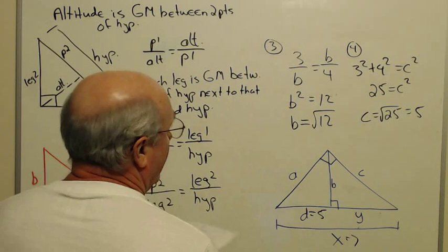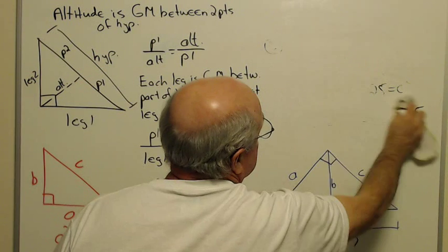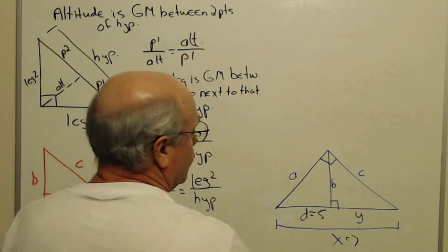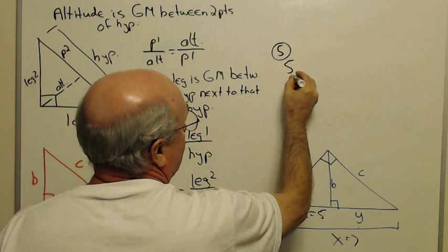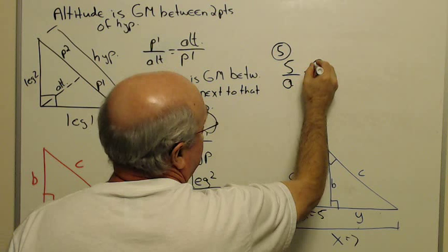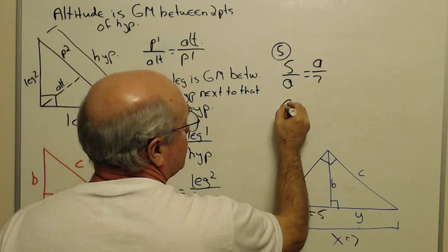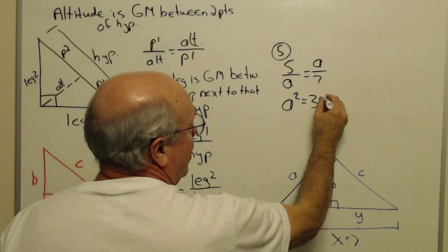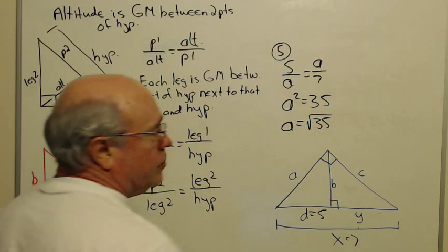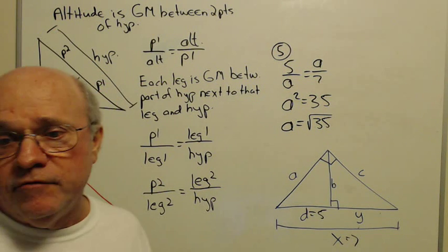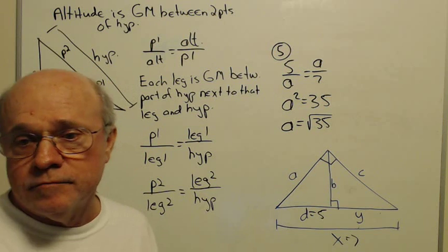So on problem number 5, we will set up that 5 over A equals A over 7. Cross multiply, A squared is 35. That gives you A as the square root of 35, which wouldn't simplify even if you wanted it to simplify.